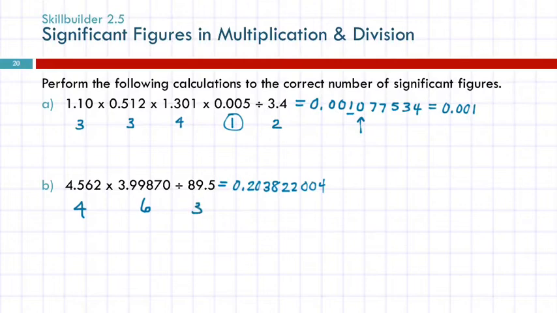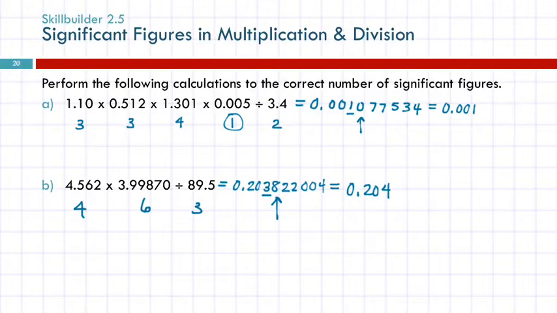So my answer should have 3 significant figures. So I don't count that 0. We got the 2, the 0, and the 3. This decimal place is my last significant figure. I look at the next digit to decide whether I round up or down. So I'm going to round this up, and I'm going to express this as 0.204. Any questions?